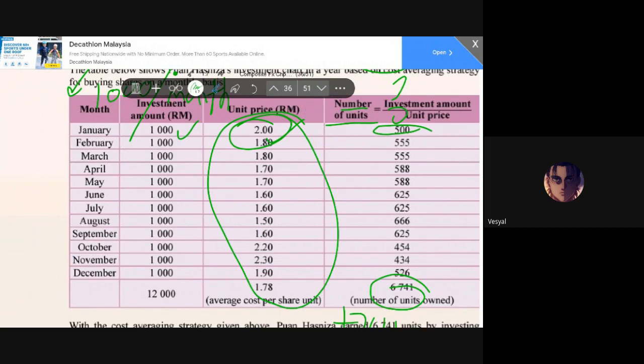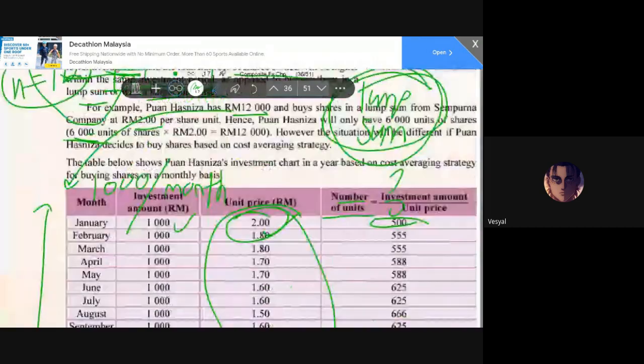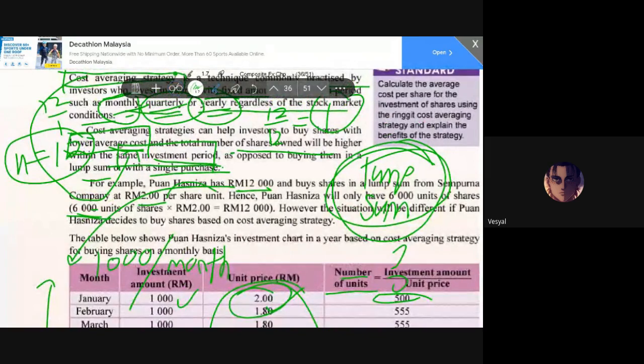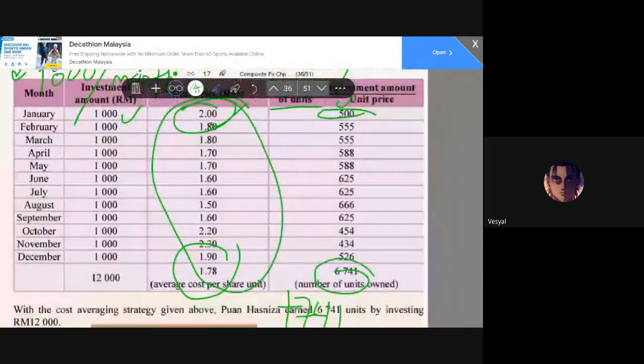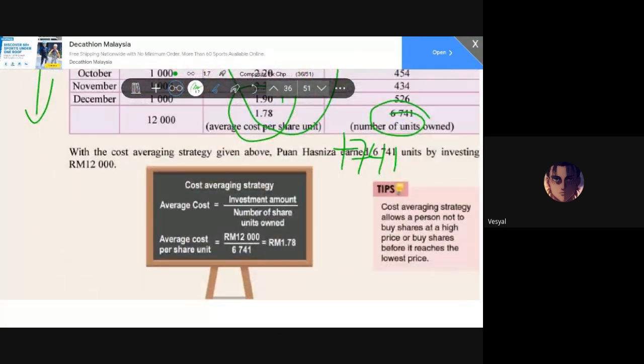So the values vary according to the months here. So yeah, you see the average cost here is 1.78, but on top it was RM2. So you see it's a lower average cost per share unit. So this is how they calculated the average cost. It means you take your investment amount over the number of share units owned. This is the total amount, remember.